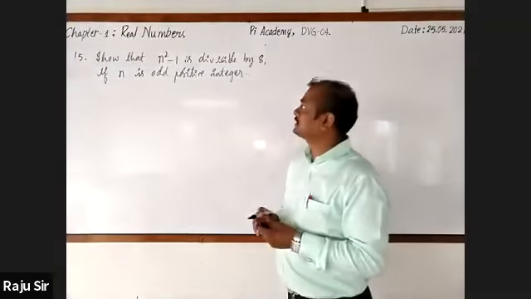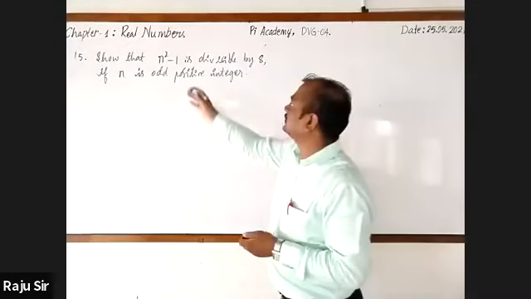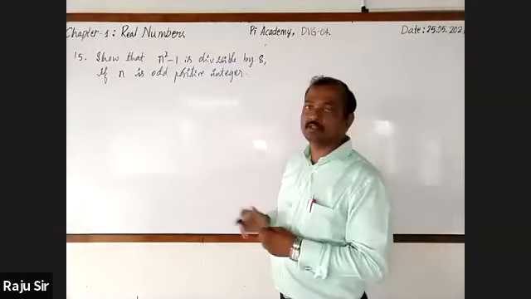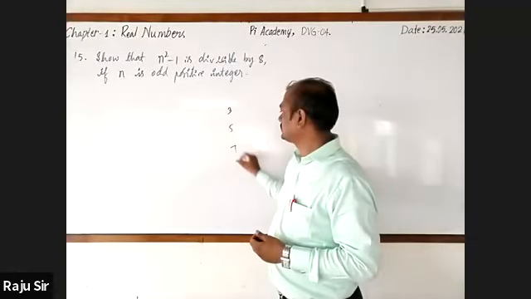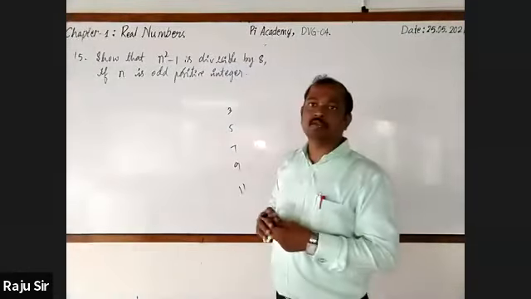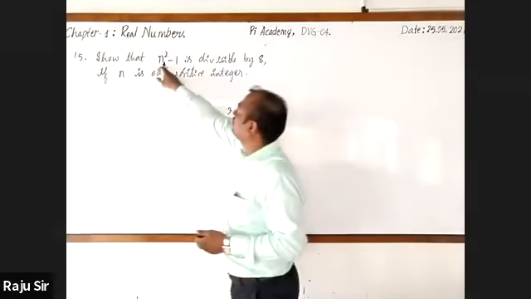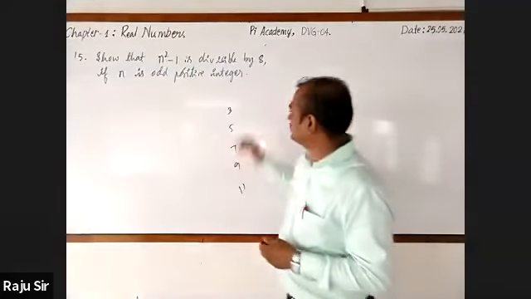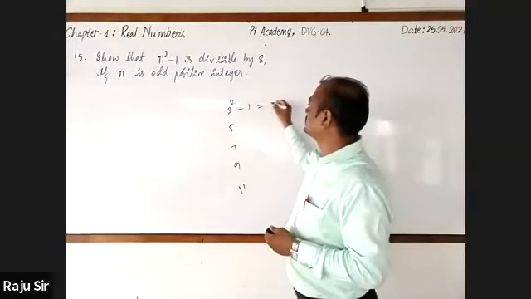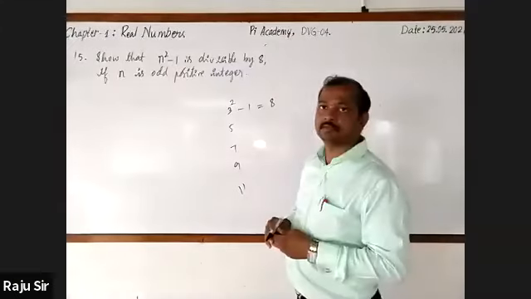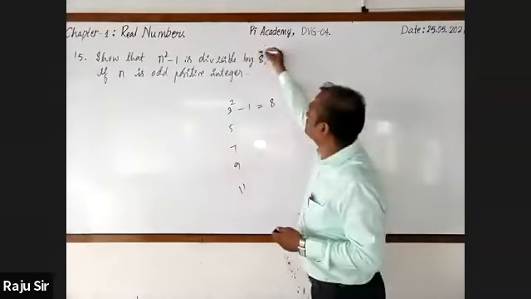You may go for taking 3, 5, 7, 9, 11 and so on. Now, n square minus 1. See, 3 square minus 1 is 9 minus 1, 8. 8 is divisible by 8.